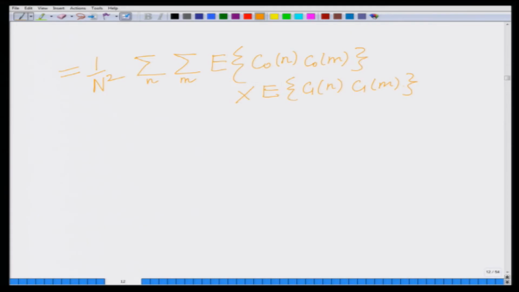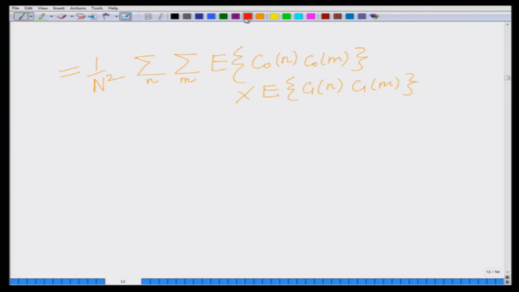That is, since the code sequences C0 and C1 are independent, I can write the expectation of the product as the product of the expectations: expected value of C0n into C0m times expected value of C1n into C1m.